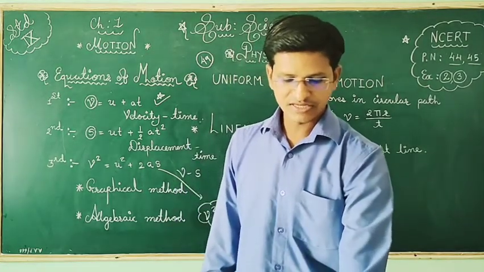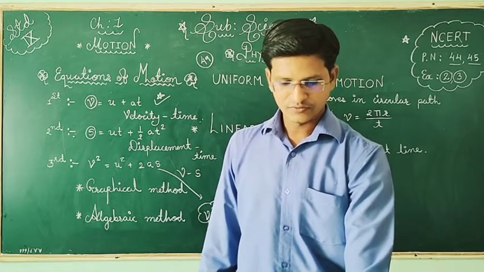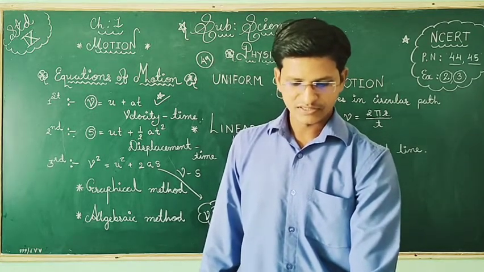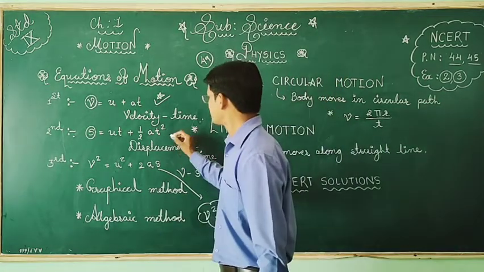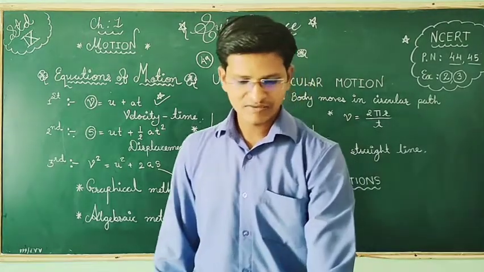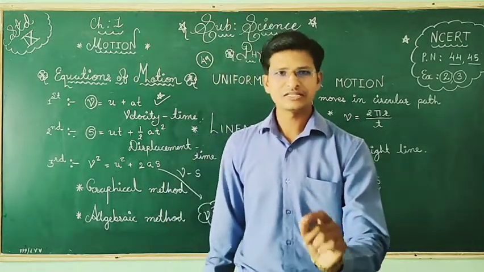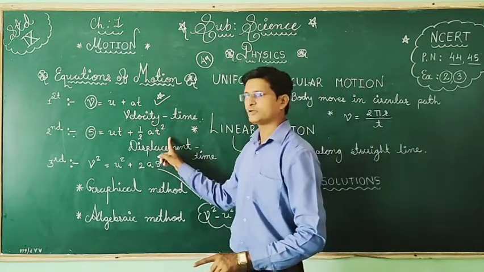And the third example uses the same method, but in the second part, the distance covered by the train in time. All the students, please concentrate: whenever distance or displacement versus time is given, we use the second equation.